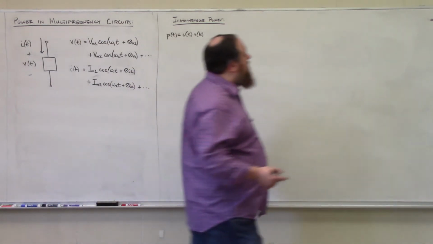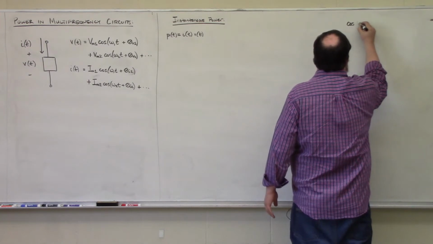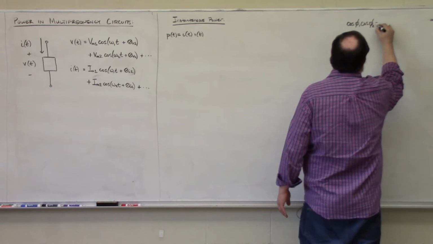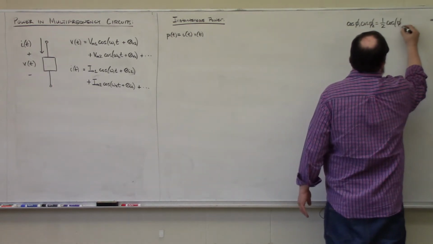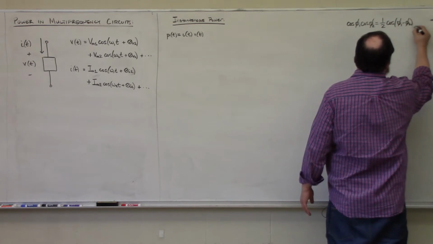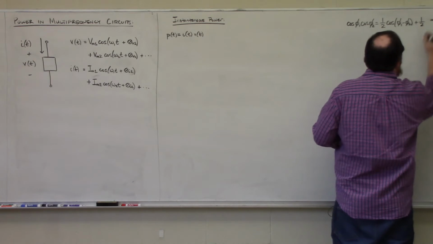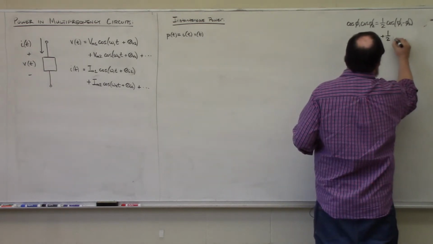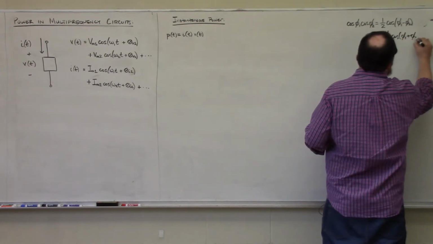Another thing that we're going to be utilizing is this trig identity: cosine of angle 1 times cosine of angle 2 is equal to 1/2 cosine of angle 1 minus angle 2 plus 1/2 cosine of angle 1 plus angle 2.